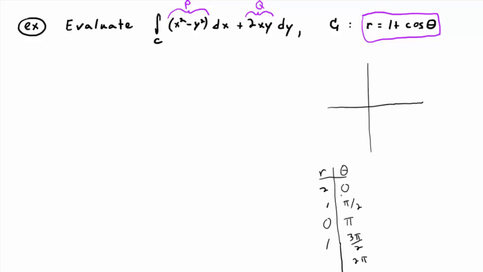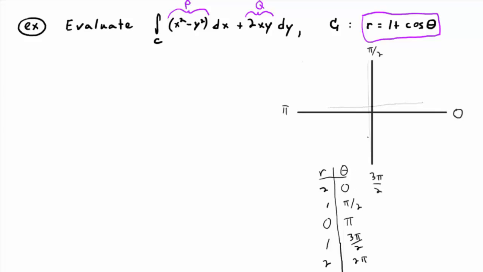Back to, what are we back to? 2, yeah. Same as if we plugged in 0, right? So if we think radially and angularly, look in the 0 radians direction and go out 2. So 1, 2. And then plot your point. Pi over 2, you're out at 1, aren't you?